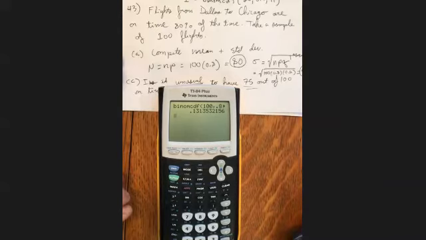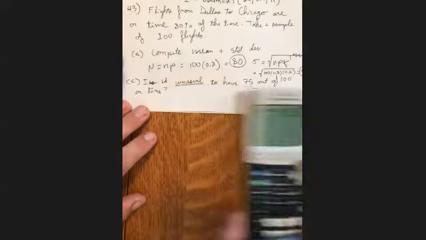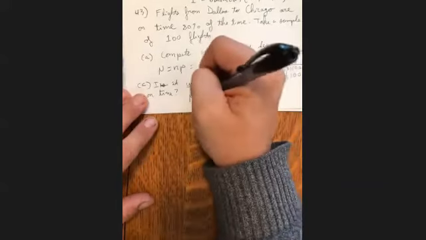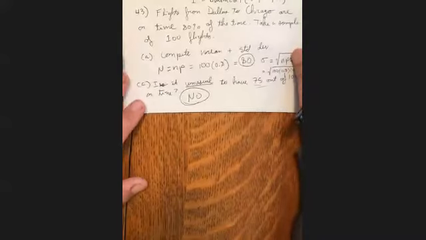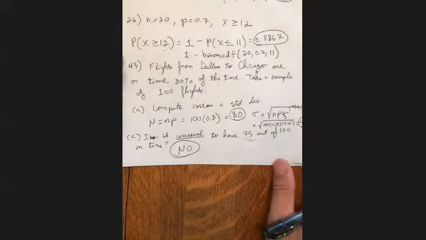It's greater than 5%. So as long as you're greater than 5%, you're not unusual. So the answer is no. A couple different ways of seeing that problem. Are we within 2 standard deviations, or is the probability greater than 5%? If either of those things are true, then the value is not unusual.